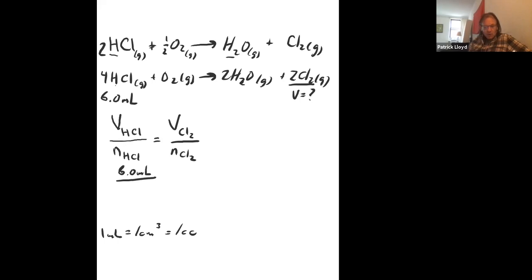The number of moles is 4, right? That's going to equal the volume of the Cl2 divided by 2 moles. So now multiply both sides by 2 moles, and that's going to give you your V Cl2. So it looks like it's 3, right?